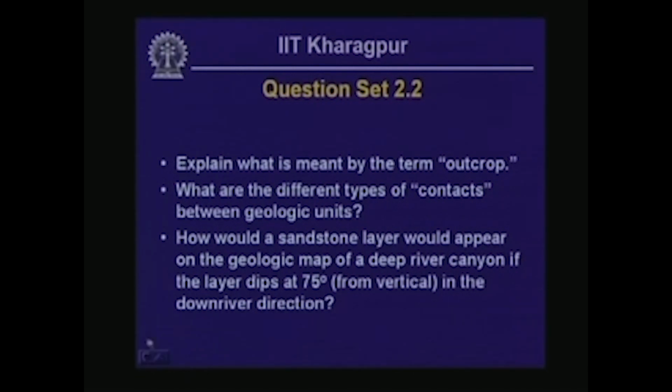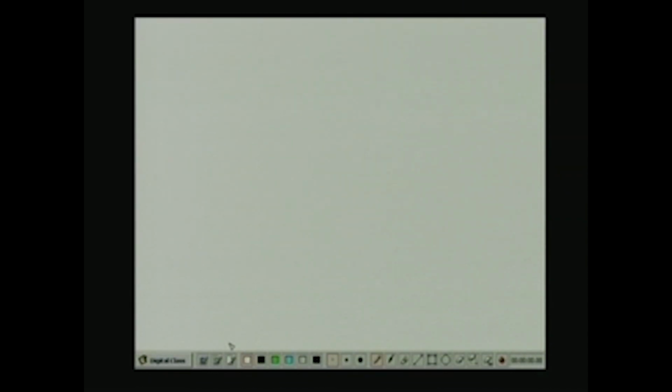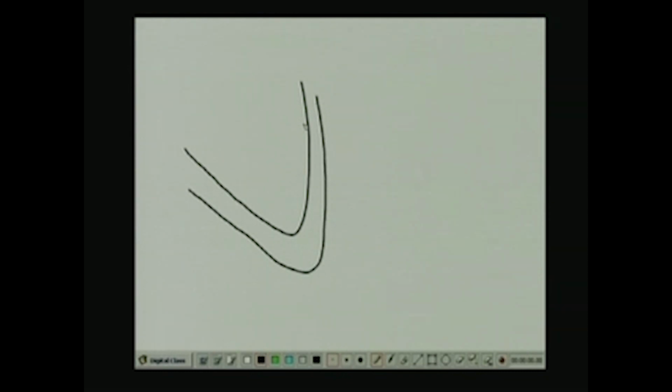Now recall from what we discussed in the previous classroom presentation, that when there is a dipping layer going across a valley, then the outcrop of that particular layer takes the shape of a V or a U. So this is the outcrop of the layer seen on the plan view.